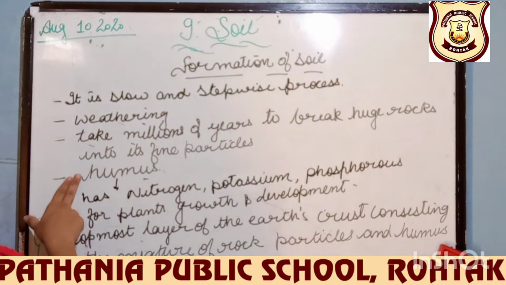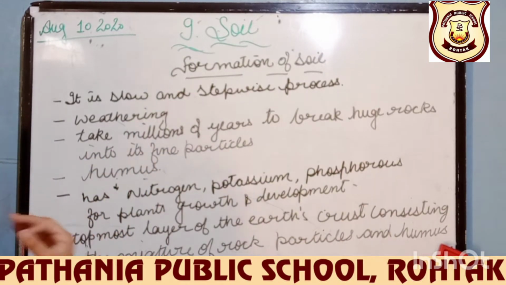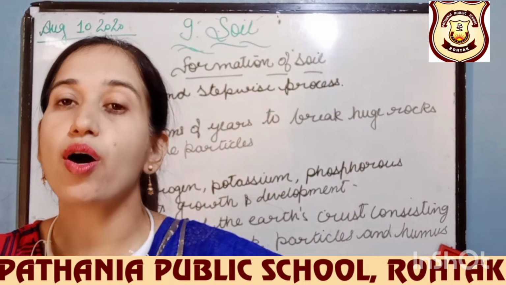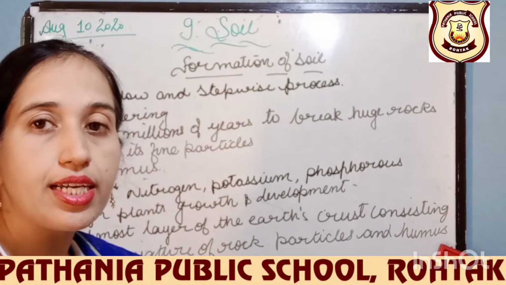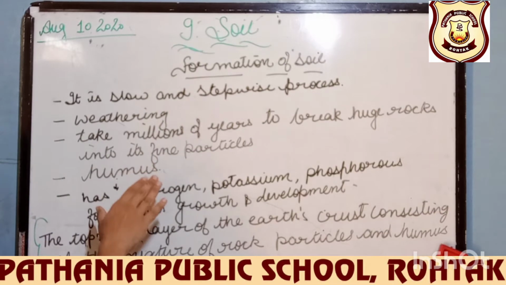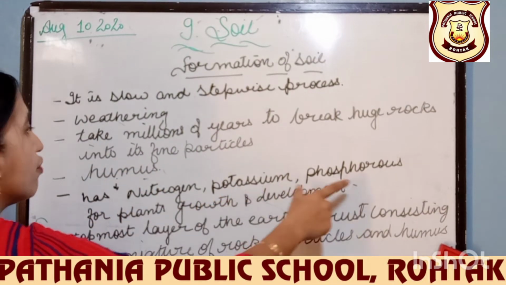Okay. Next is humus. When plants and animals die, their bodies are decomposed by microorganisms that are present in the soil to form an organic compound that is called humus. So humus contains nutrients like nitrogen, potassium, phosphorus.